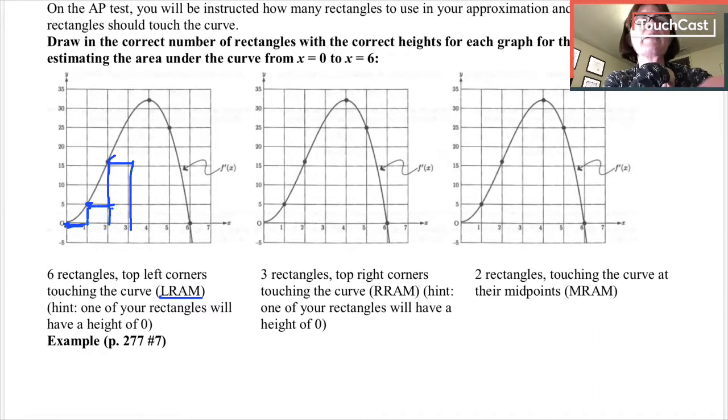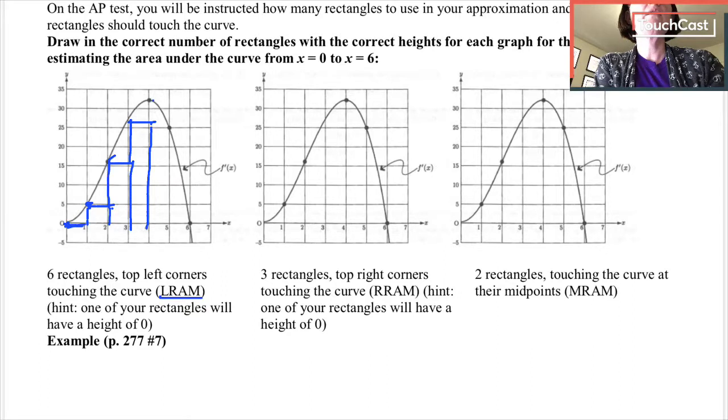From 3 to 4, I'm going to use the height of the graph at time 3. For the interval from 4 to 5, I'm going to use the height at time 4. So that's going to be a rectangle that's an overestimate.